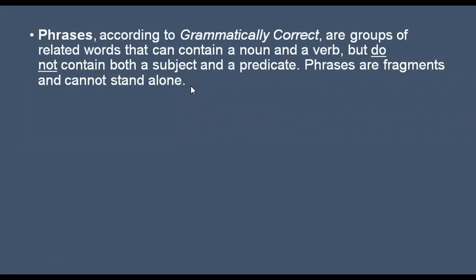So phrases, according to Grammatically Correct, I think this is a website, are groups of related words that can contain a noun and a verb, but do not contain both a subject and a predicate. So hindi siya complete. Phrases are fragments, no? And they cannot stand alone.